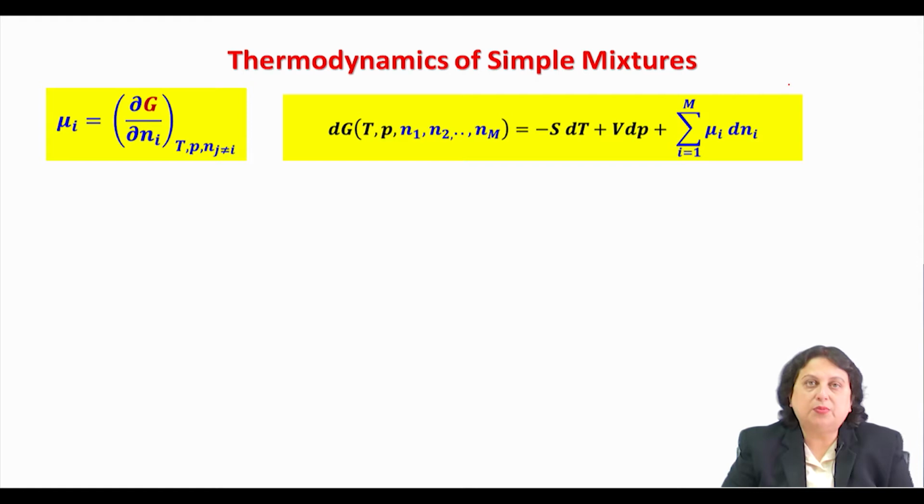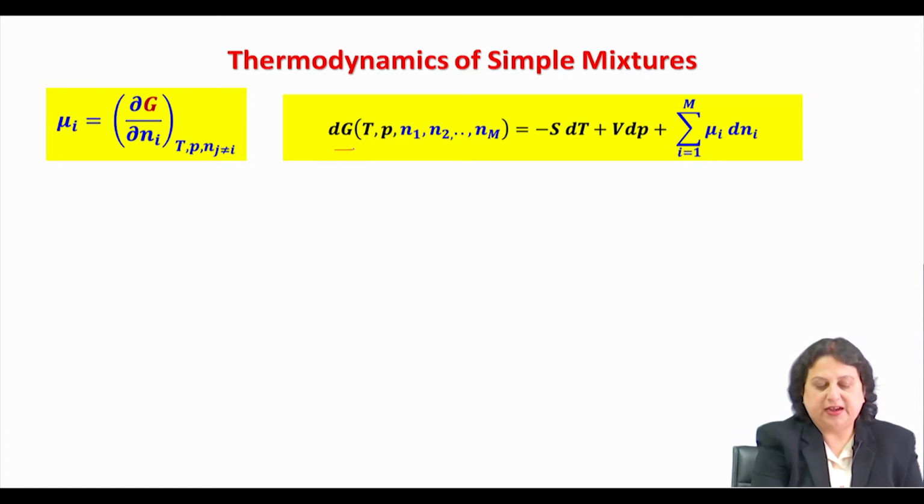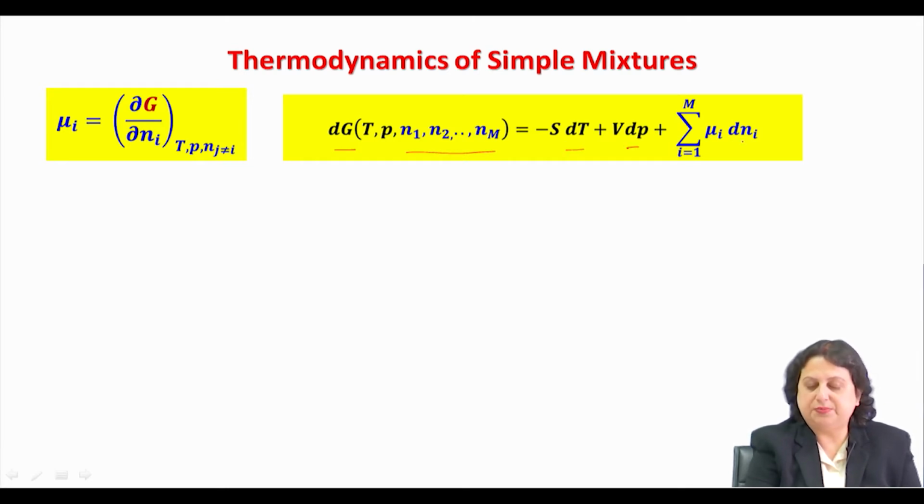Now, when we talk about a simple non-reacting mixture, we have seen that the fundamental equation for any such system is given in terms of dG at a given temperature and pressure and the number of different components present in the mixture, which is going to be dependent on dT, dP and dn_i.